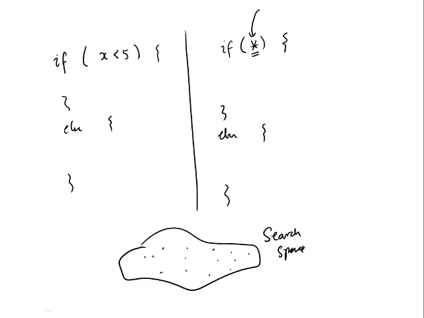A deterministic algorithm will intuitively have to spend exponential time looking at every one of these points to check if it's a solution, whereas a non-deterministic algorithm can magically pick the right solution if there is one. So we'll come back to this definition of non-deterministic algorithms, but essentially they look like they are very powerful.